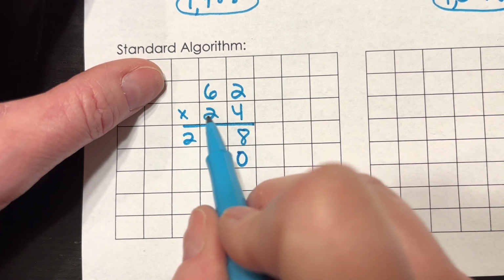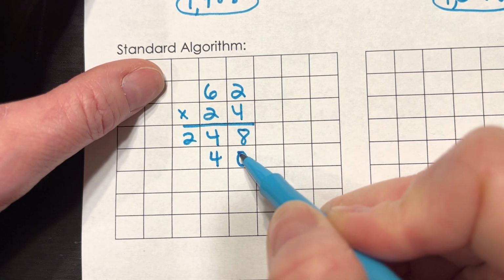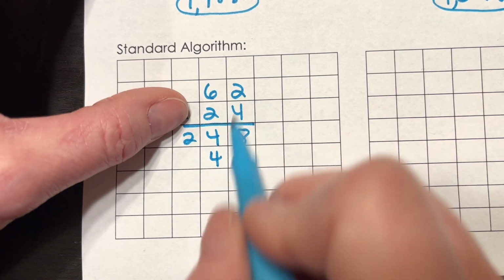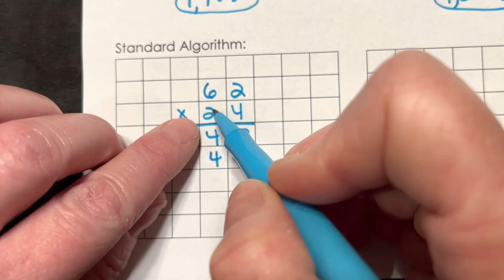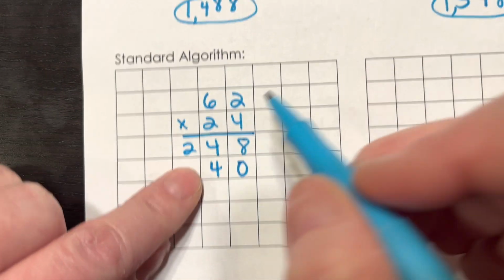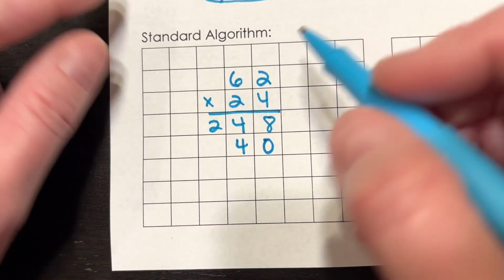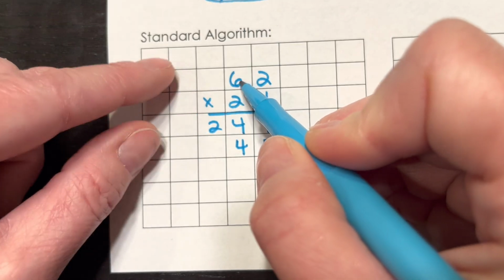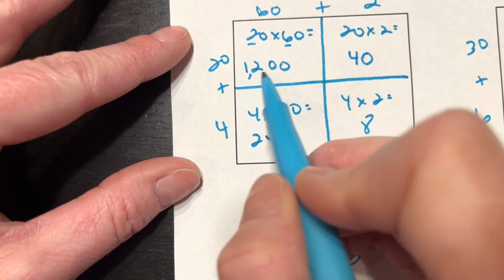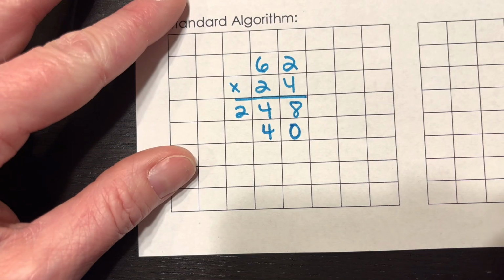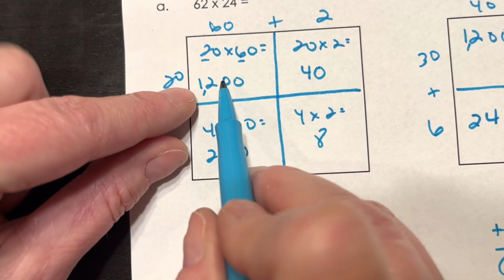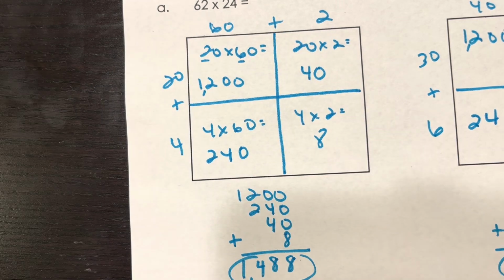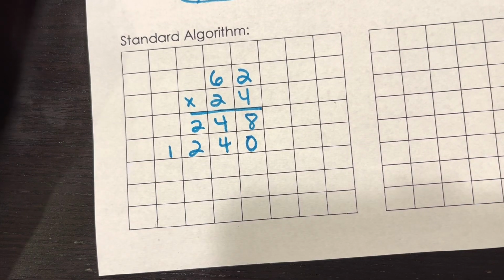So when you get to the tens place, you're going to need to put a 0 in that ones place so that you actually get the value that you're supposed to, okay? So I did 2 times 2 is 4, but I needed to put this at 0, so I'd get this 40. And now I can do my 2 times 6, which is 12, and that was supposed to be the 1200 up here, right? Now, if I put my 12 here, don't I still have 1200? I have 1240, which is what I would have right here when I do the 20 times the 62. So it all connects, all right?